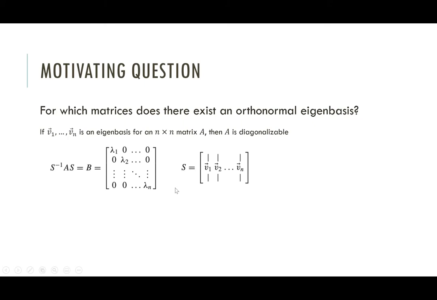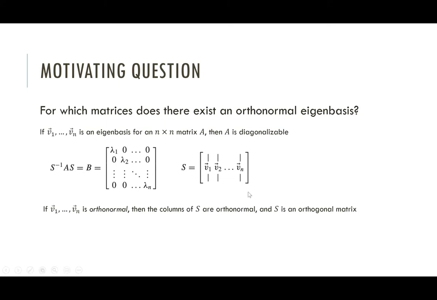And the matrix that diagonalizes A is this matrix S, where the eigenbasis vectors are the column vectors of the matrix. So, okay, this is just theory that we've seen in chapter 7.